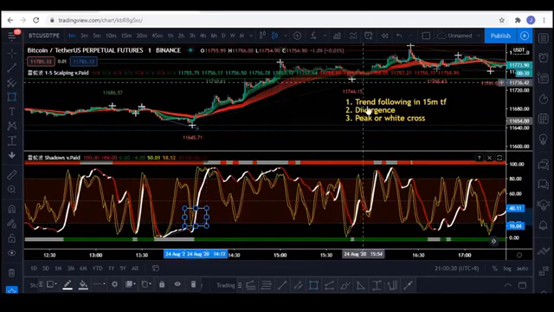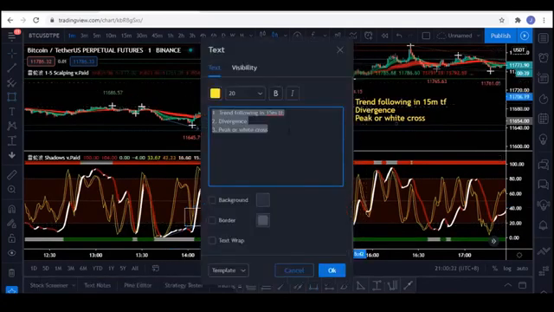Fourth criteria is our shadow entry cross, or our RSI cross. Then our fifth criteria is our shadow entry crossover.